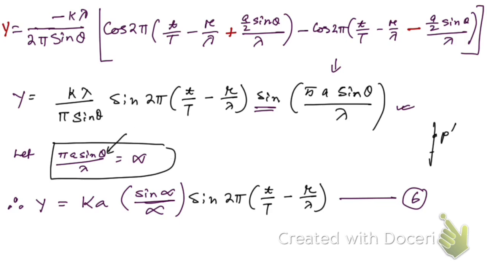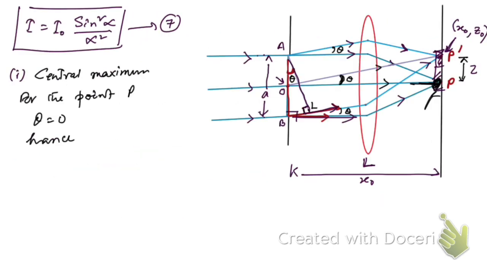Let me copy this relation so that I can explain you. So we have considered alpha is equal to this, right? If you put theta is equal to 0 here, sin theta 0 will be 0, then alpha will be equal to 0. So here we can write alpha is equal to 0, right?